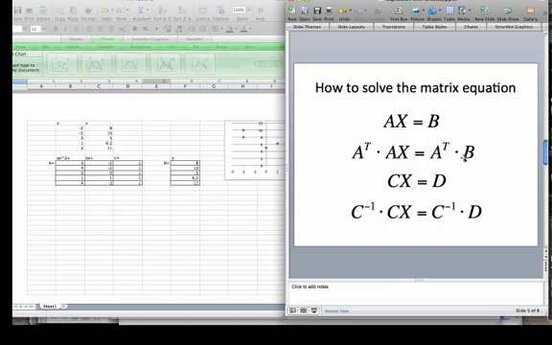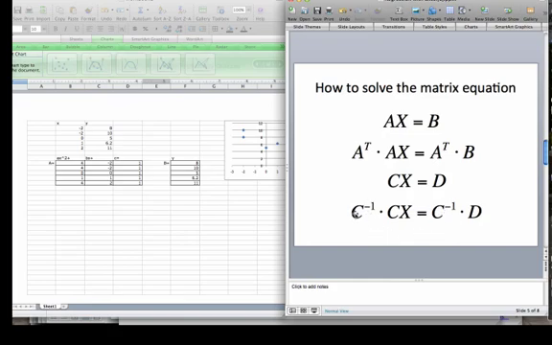When I multiply A transpose times B, I will also get a new matrix. That matrix I'm going to call D. Now, this matrix equation has a square coefficients matrix. Because this matrix is square, I can find its inverse and multiply the inverse of C on both sides of the equation.